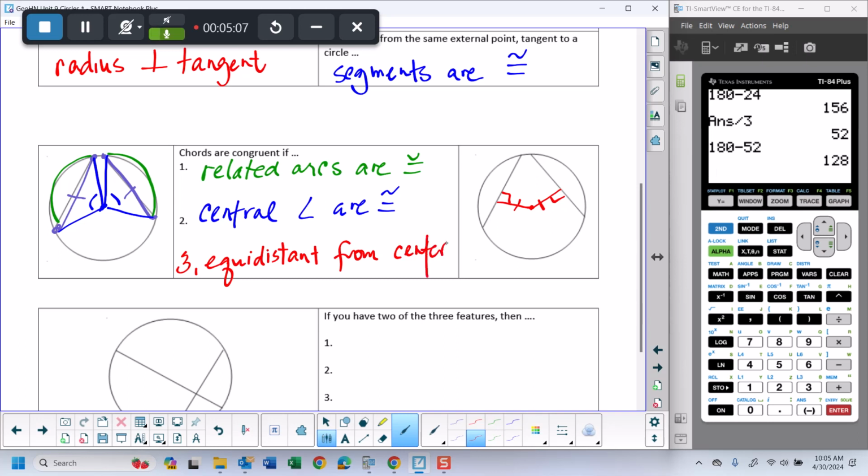So picture pushing those two diameters out. And I like this conversation here.